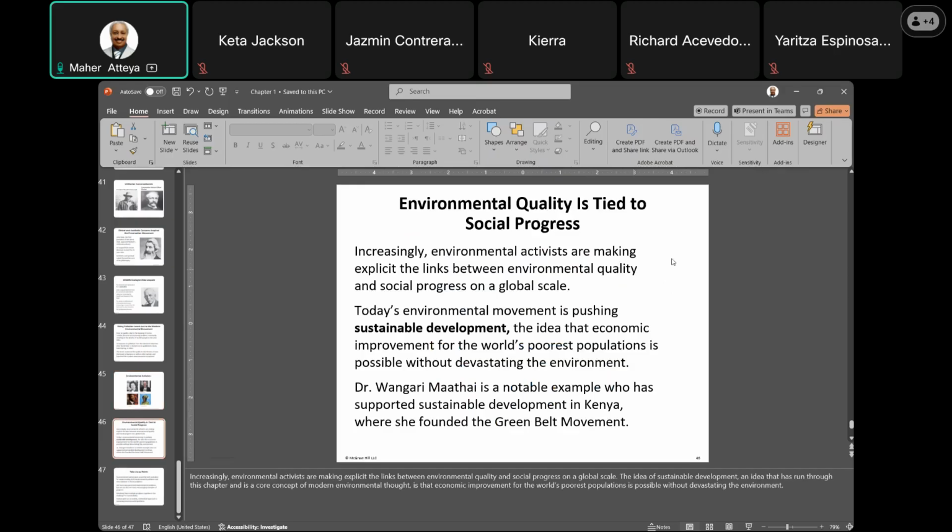Environmental quality is tied to social progress, and that's really true. If we live in a good environment, our lifespan will be extended. We live more.